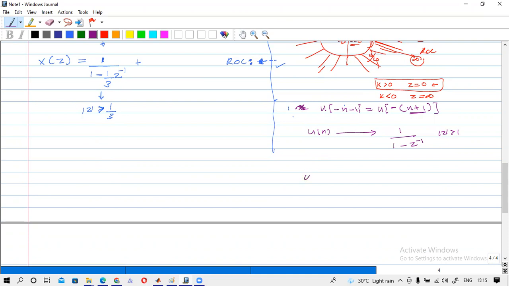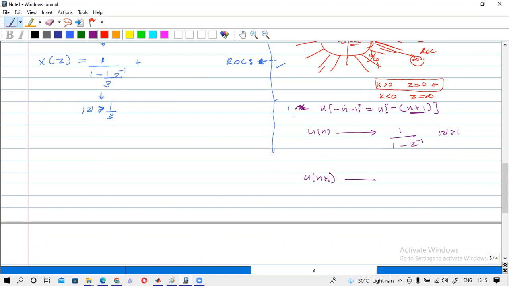If I have u[n+1], we will have z over 1 minus z^-1. So the ROC will be |z|. If you remember, for n less than 1, the infinity is not there.